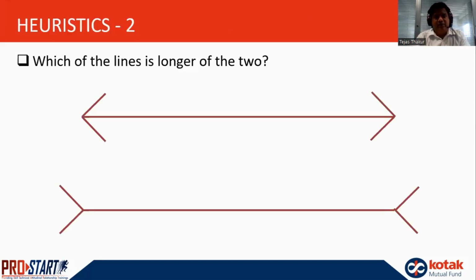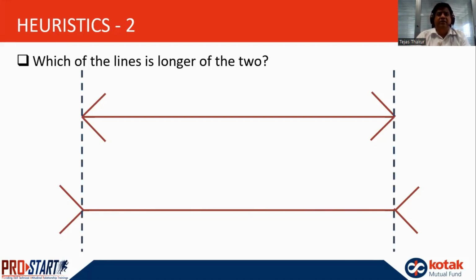Coming to the second one, when I see these two lines and if I show it to your customer, what will your customer think? Which of these two lines is longer? Obviously, when we look at such lines, we see that the second line, the line which is at the bottom, appears to be longer. What is the actual case?